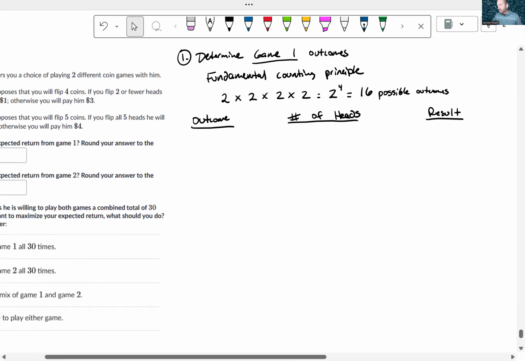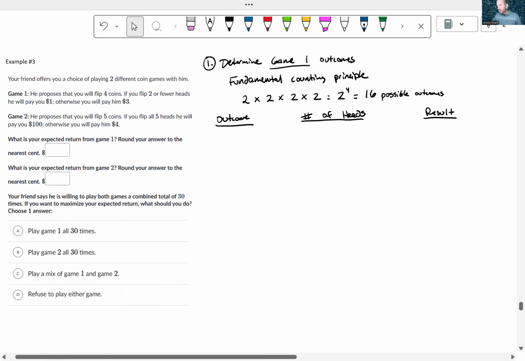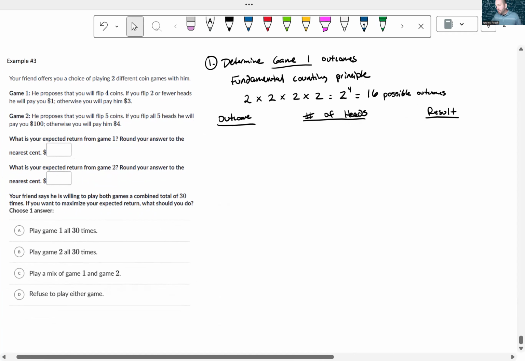And again, we win the game if we get 0 heads, 1 head, or 2 heads. That's our probability of winning. I'm going to write that to the side.